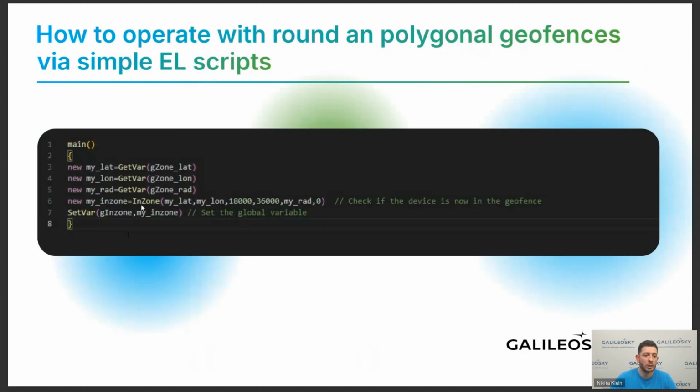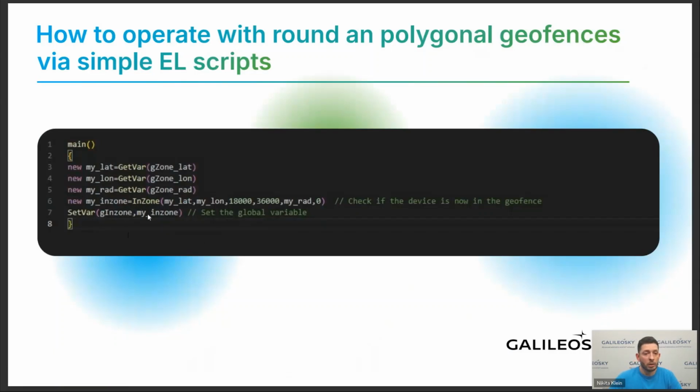And then we use the function inzone, predefined inside the scripting language. You don't need to create it. You can just use this function. I will put this information in chat right now, the requirements and the function itself. Okay, you have it in chat.